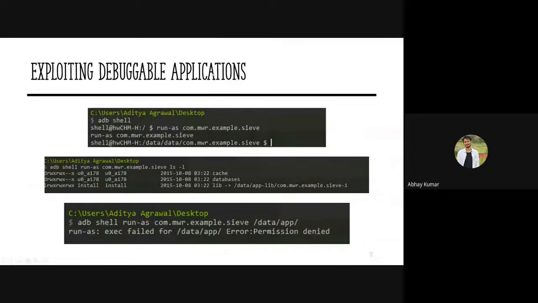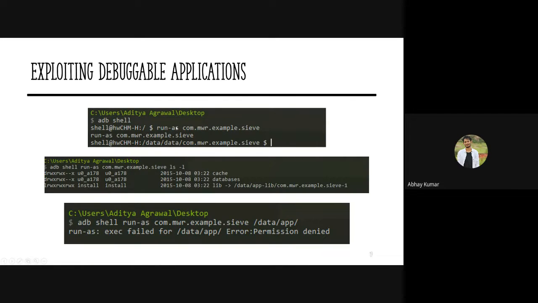Next is exploiting a debuggable application. Here you can see I'm using ADB on a device. It uses the run-as command in ADB, with the package name of the application.